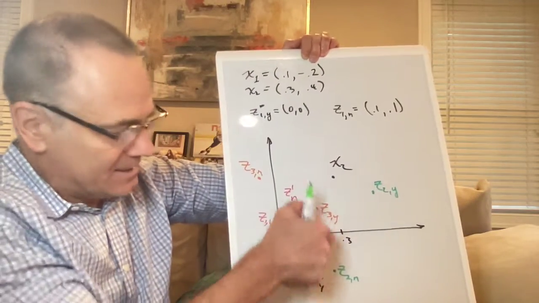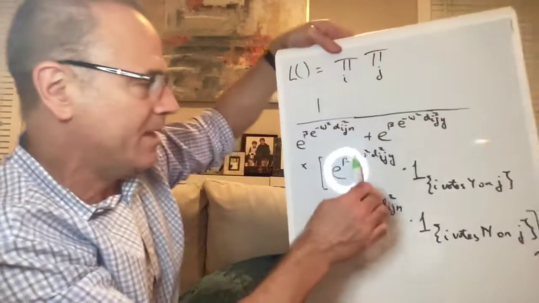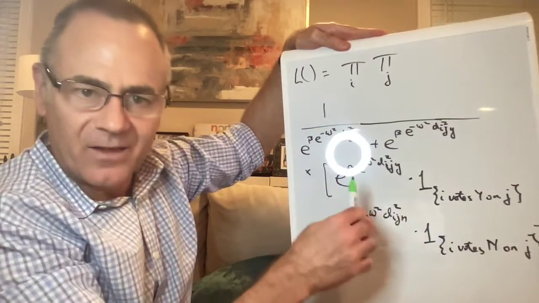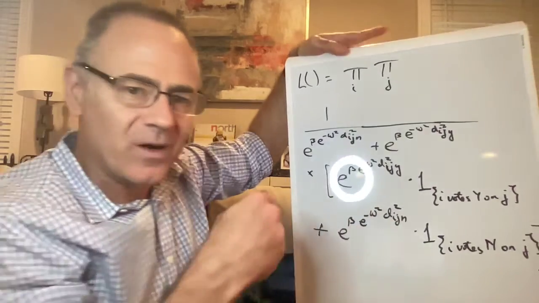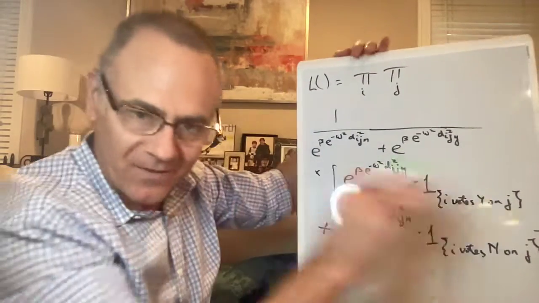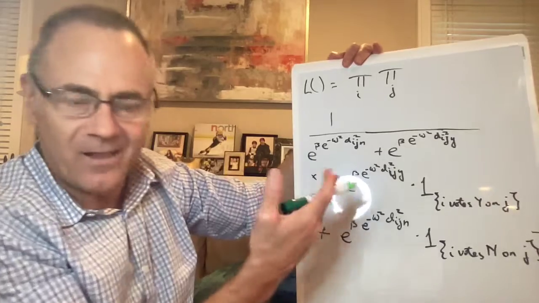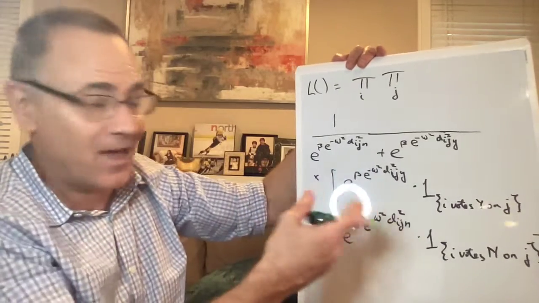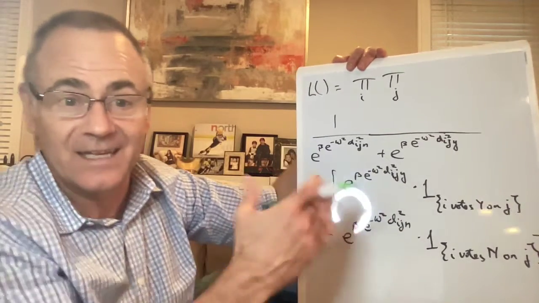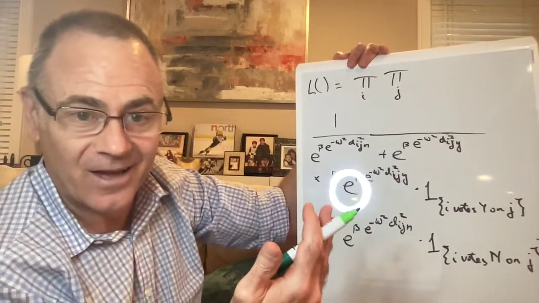Once we had that distance, we plug that in to the likelihood function, and once we give it the distance, the likelihood function doesn't need the actual value of the X's and Z's. All it needs is the D's, okay? So that is the key.